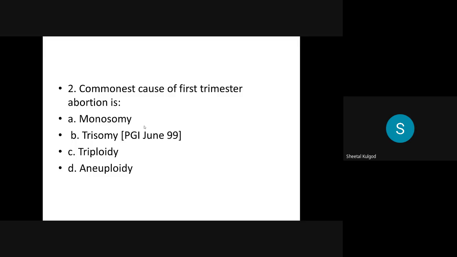Anybody with this answer? Yes, students? So all these are chromosomal abnormalities which can lead to abortion. Amongst these causes, which is the most common chromosomal abnormality which might lead to first trimester abortion?